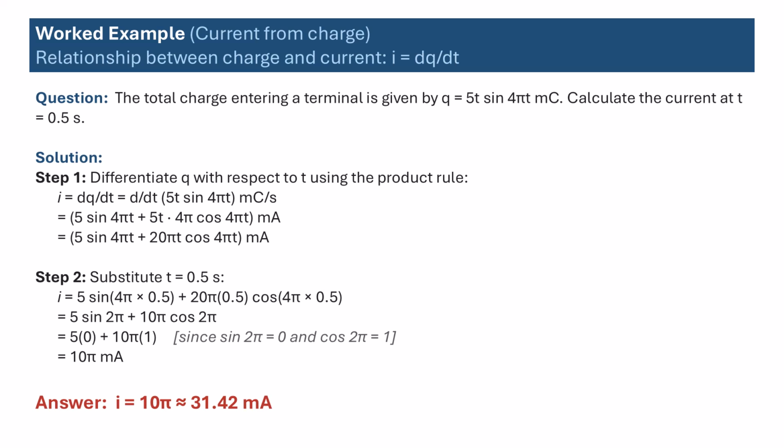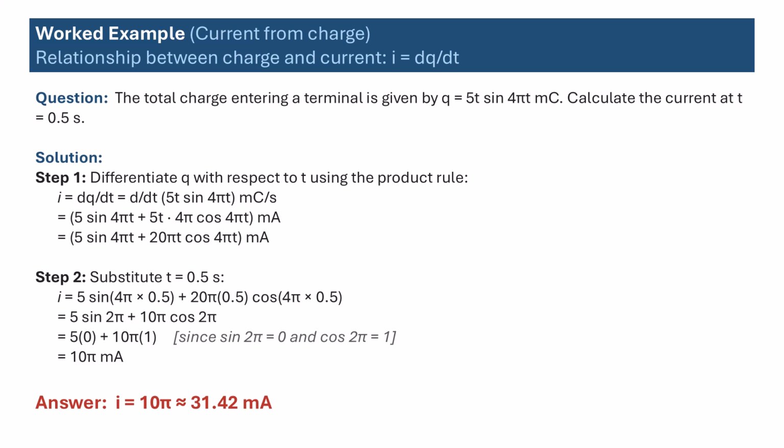Sine of 2 pi equals 0, and cosine of 2 pi equals 1. Therefore, I equals 5 times 0 plus 20 pi times 0.5 times 1, equals 10 pi milliamperes. The final answer is I equals 10 pi, approximately equals 31.42 milliamperes.